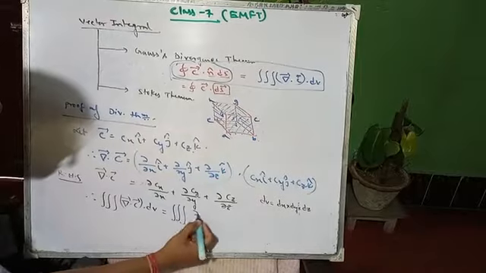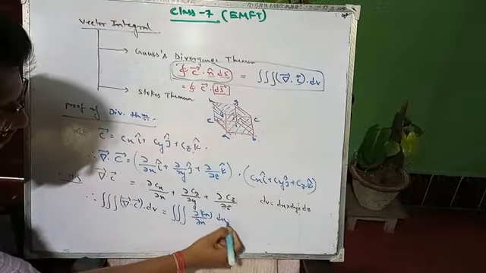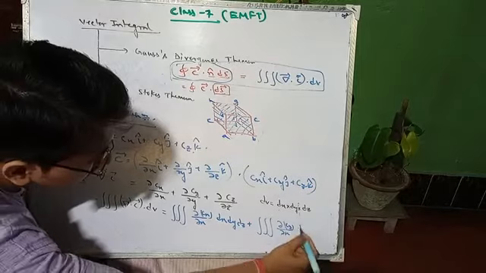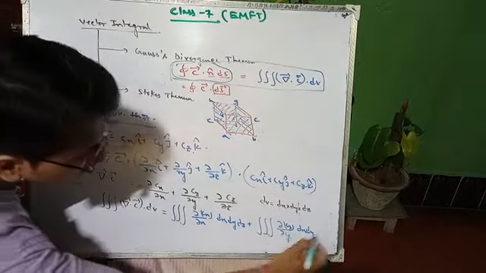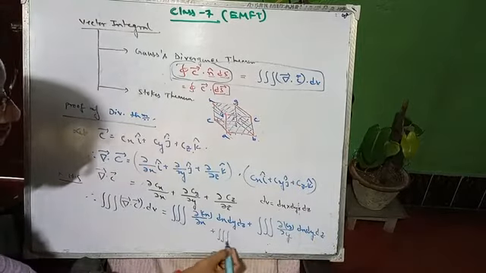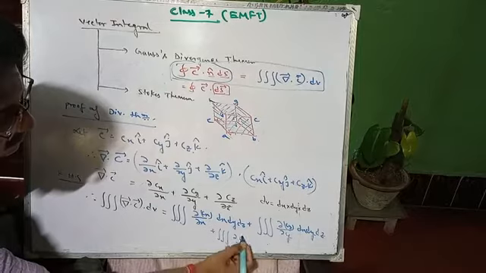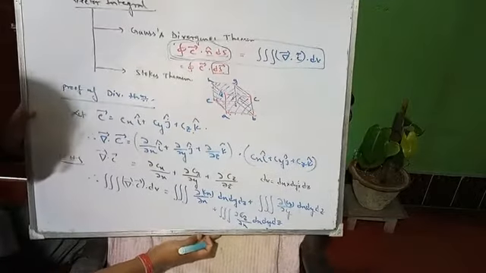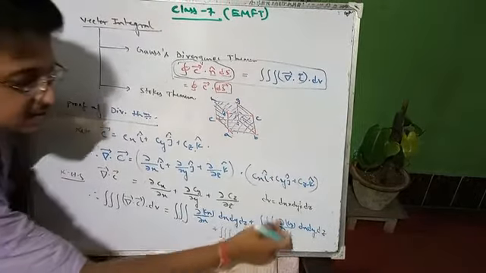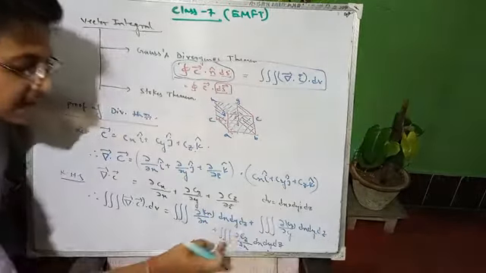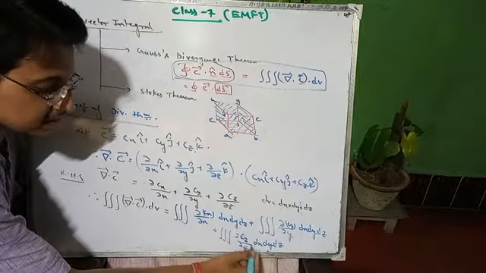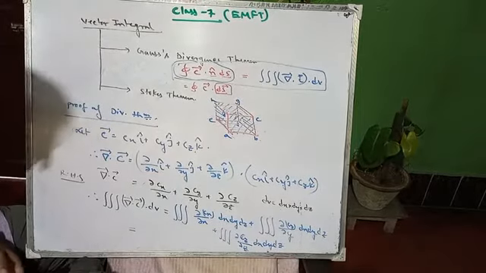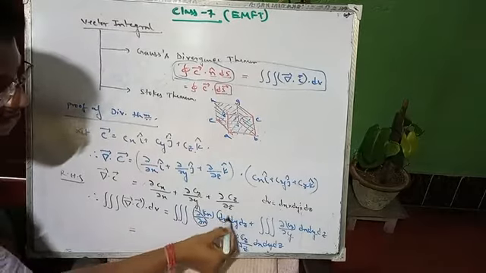Your answer will be the volume integration of del Cx by del x into dx dy dz, plus the volume integration of del Cy by del y into dx dy dz, plus the volume integration of del Cz by del z into dx dy dz.